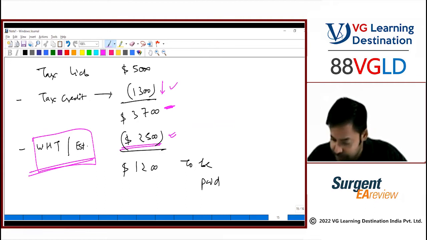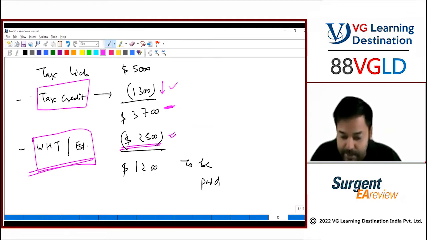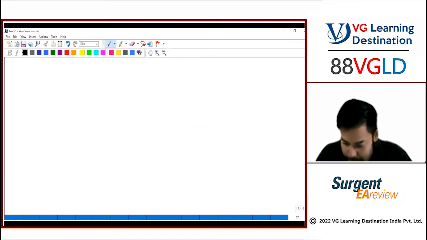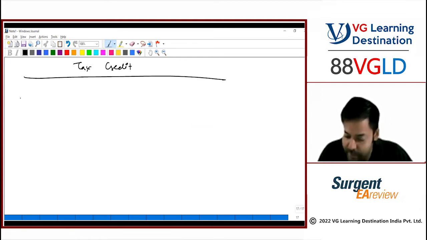Whether you will have a refund or not will depend on what kind of tax credit we are talking about. We have 3 types of tax credits. First is going to be refundable.